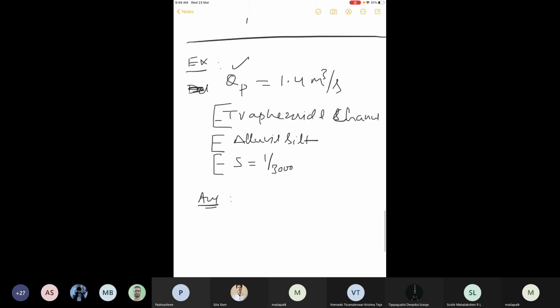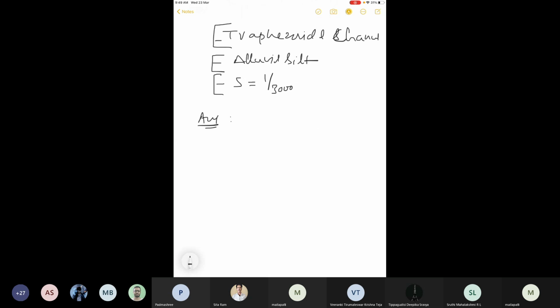For this case, since QP is given, you have to find out what is velocity. So that is Q is equal to A into V. You know this formula, right? So continuity equation, Q is equal to A into V, so V is equal to 1 by N R power 2 by 3 S power 1 by 2.